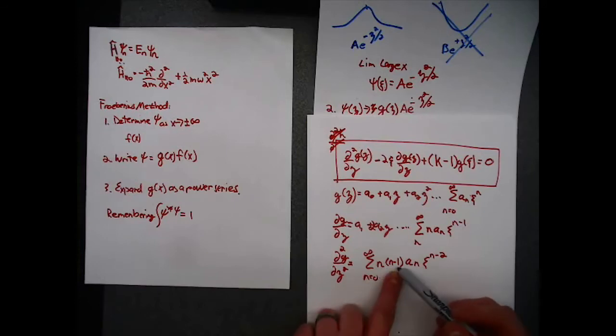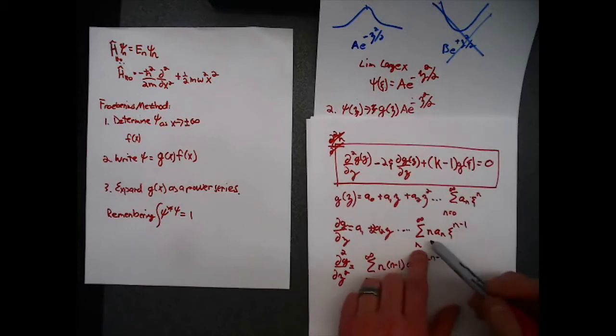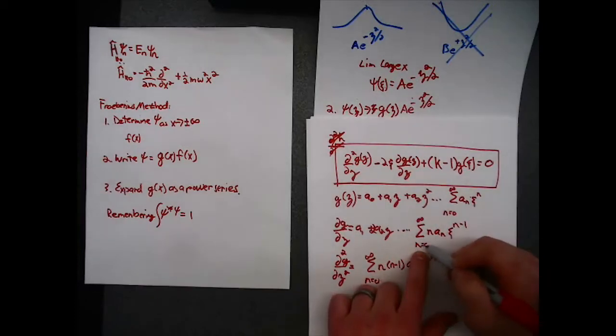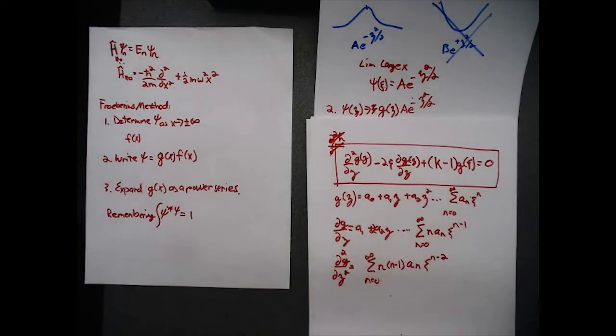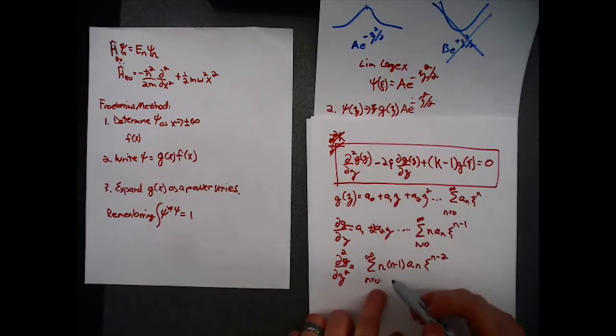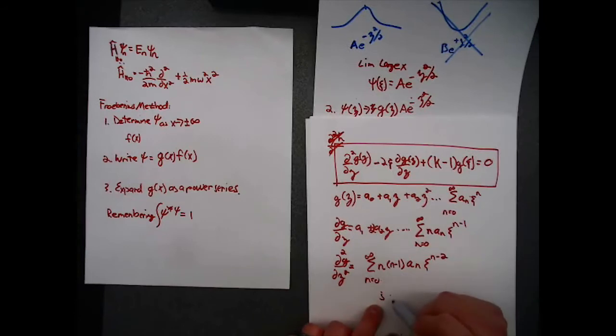We started this at n equals 0, but that first term is just 0. And we can rewrite this series by replacing n, we're going to replace j equals n plus 1.